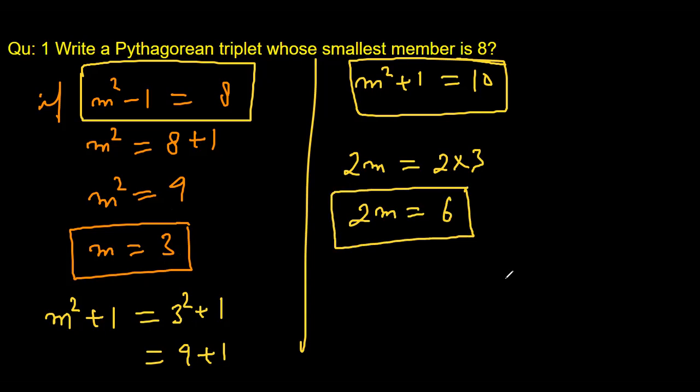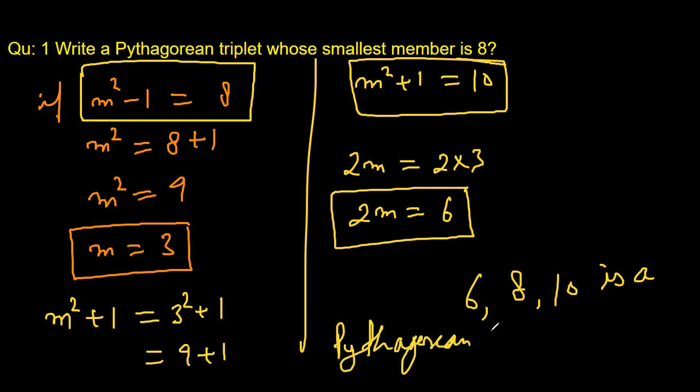That means we have 6, 8, and 10. This is also a Pythagorean triplet. But of course, 8 is not the smallest member, so we are not asked to find this one.